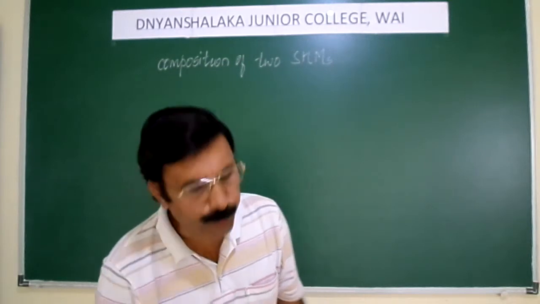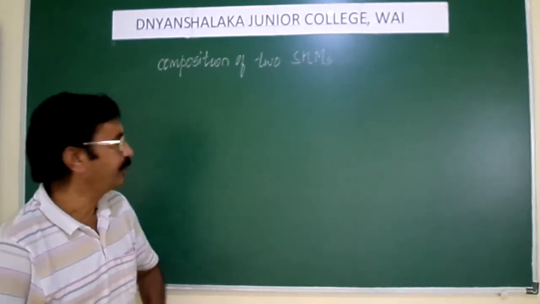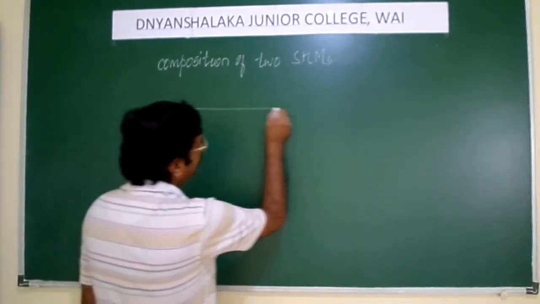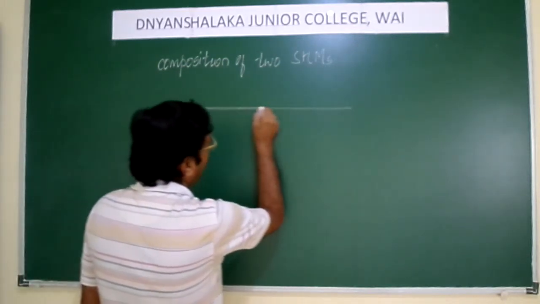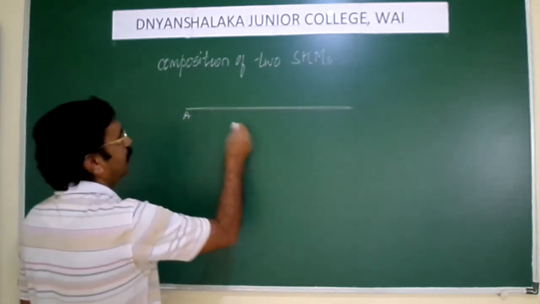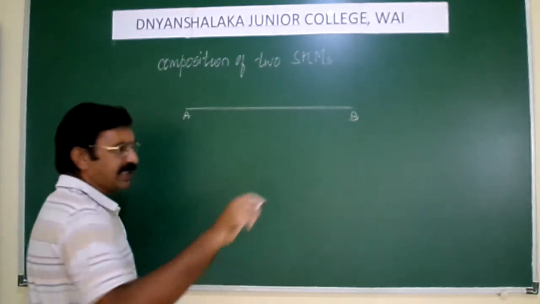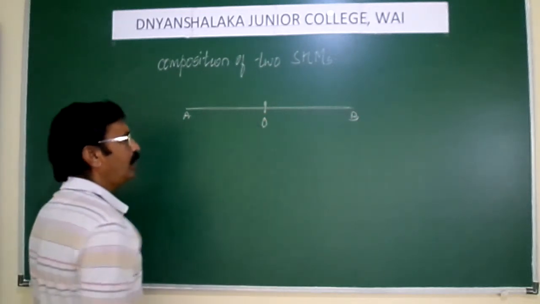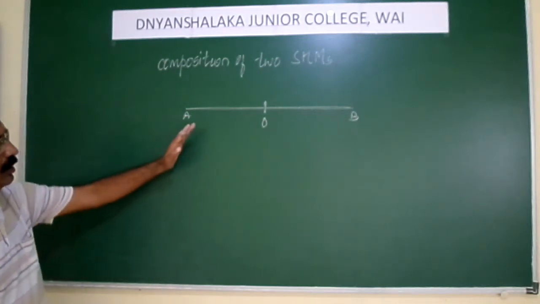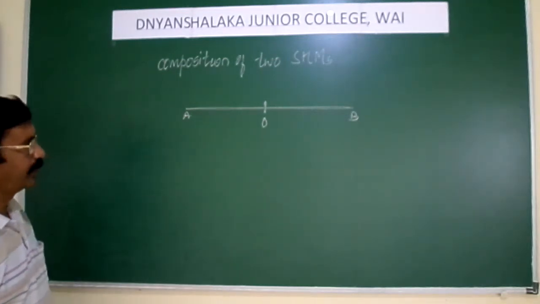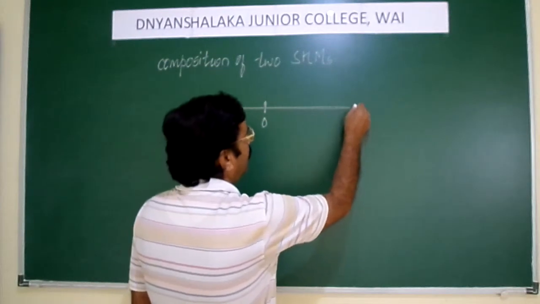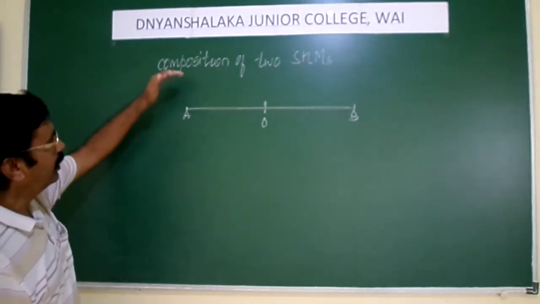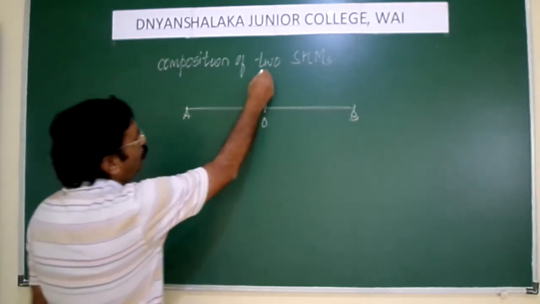The concept of composition of two SHMs is, for example, if the particle is performing SHM along the path AB on its axis, O is the mean position. Now, we are considering two SHMs.